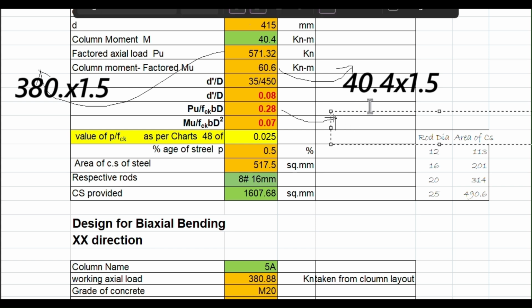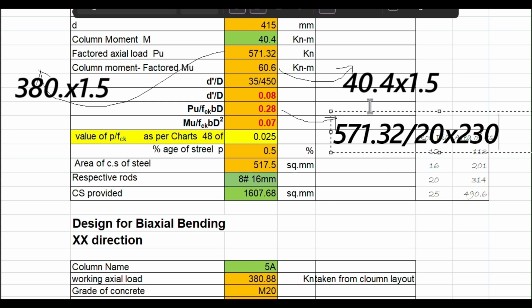Pu means the factored axial load, 571.32, divided by fck which is 20, b is 230, depth is 450. This value on calculation, I have put it here.